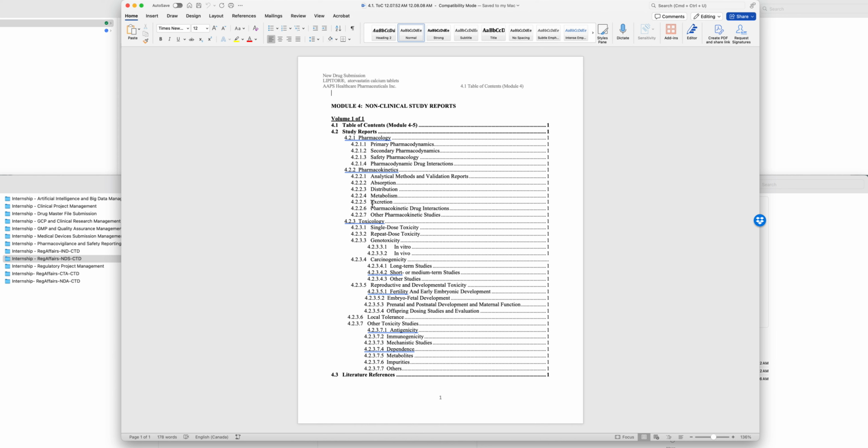Then in module 423, we are going to look into the toxicology, meaning that we are going to expose our animal species to doses that are not normal, based on our research strategy.